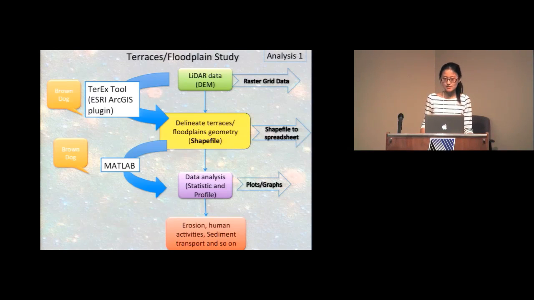T2 generates a shapefile, so I use MATLAB to process the shapefile data. Brown Dog here can either replace T2 with services, and also can create some services to help me do statistical analysis instead of using MATLAB or another language.